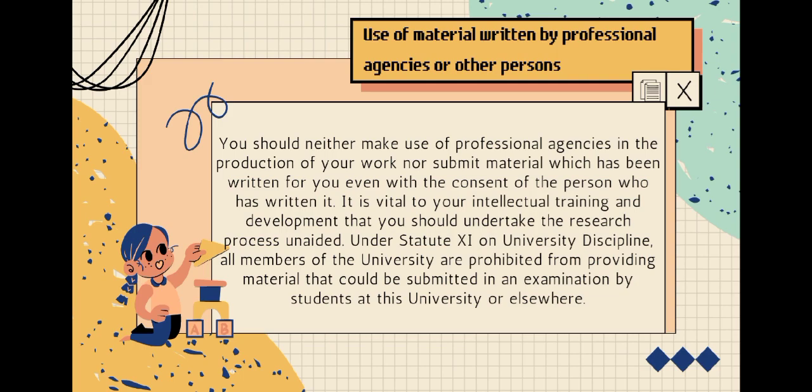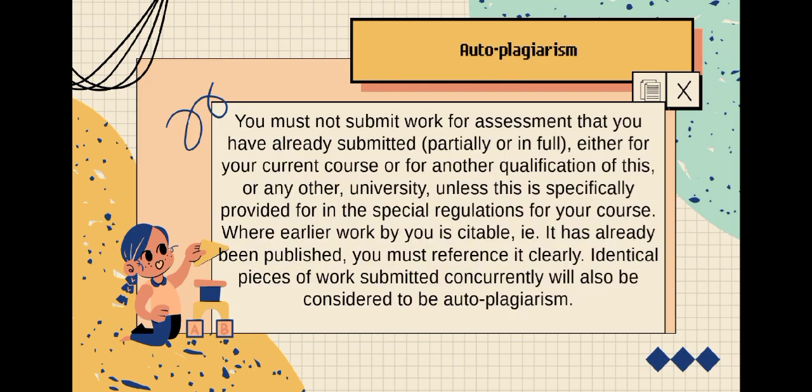All members of the university are prohibited from providing materials that could be submitted in an examination by students of this university or elsewhere. And lastly is auto-plagiarism. You must not submit work for assessment that you have already submitted, either for your current course or for another qualification of this or any other universities, unless this is specifically provided for in the special regulations for your course.